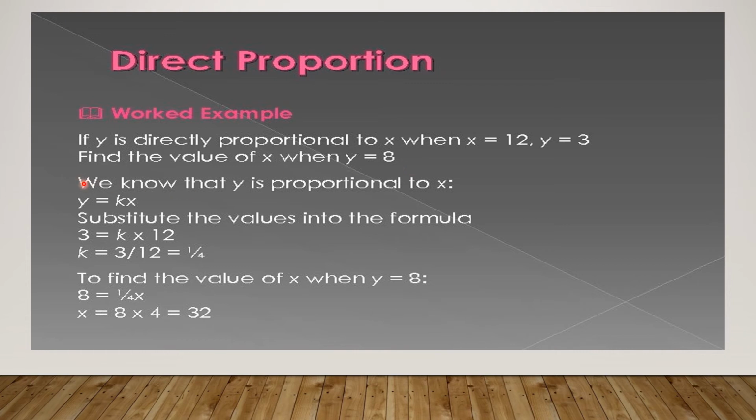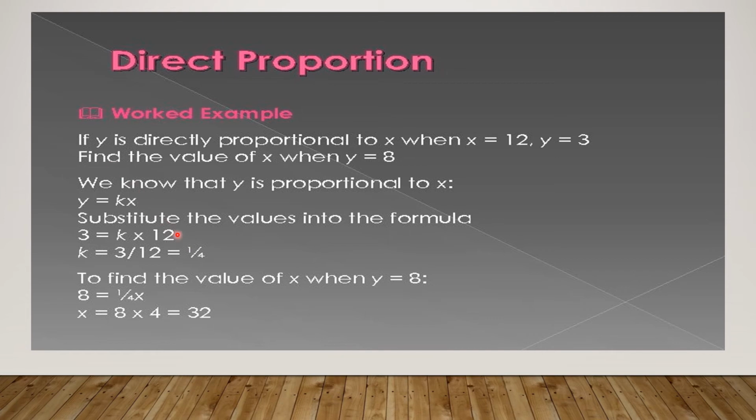Here is the solution. For y is directly proportional to x, you can write the statement as y is equals to kx. Now y, k and x, the three terms are unknown to us, but in the first line it is given what the value of x is: 12. The value of y is equals to 3. By substituting the values in the formula, what value of k do you get? 1 divided by 4.